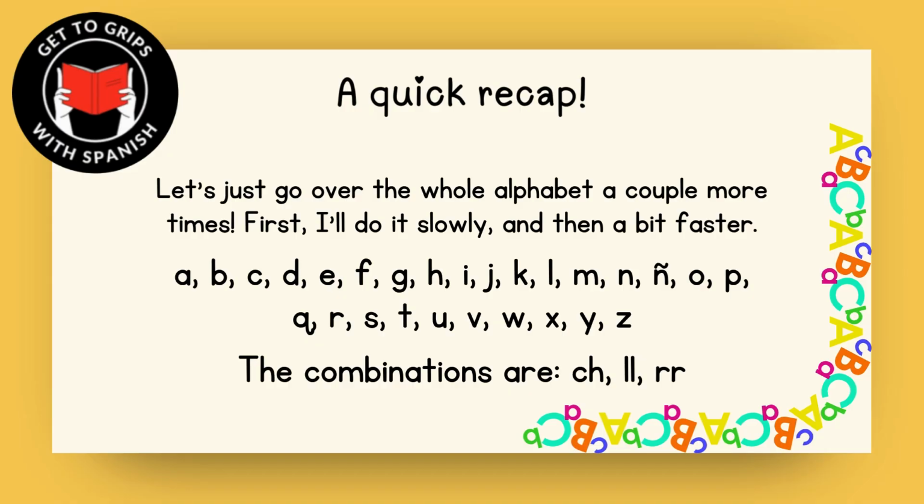A, B, C, D, E, F, G, H, I, J, K, L, M, N, Ñ, O, P, Q, R, S, T, U, V, W, X, Y, Z. Combinations are che, elle, double R.